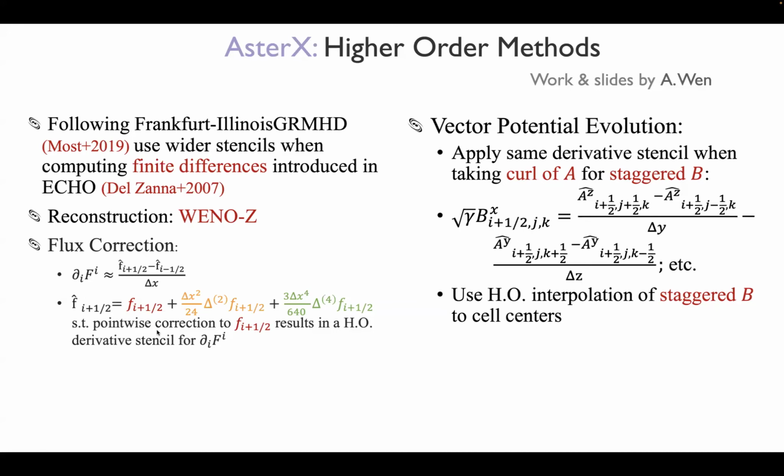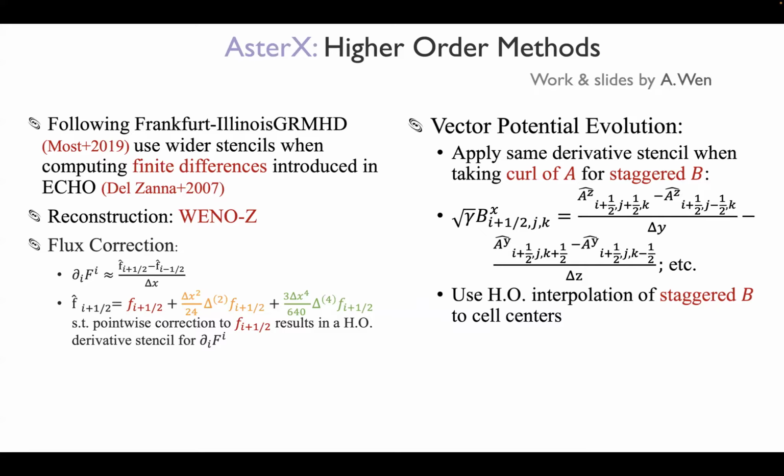So we added these flux corrections as well, and then Alan Wen from RIT took over this project, and he also added wider stencils to compute the staggered B from the curl of A, and now we also have a higher order evolution of B as well.